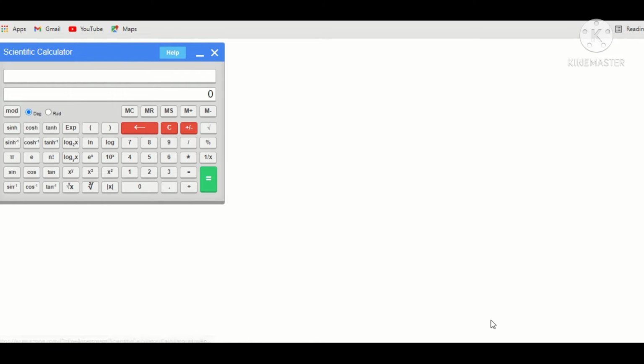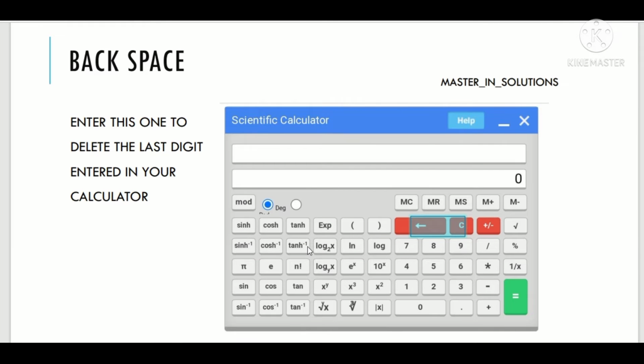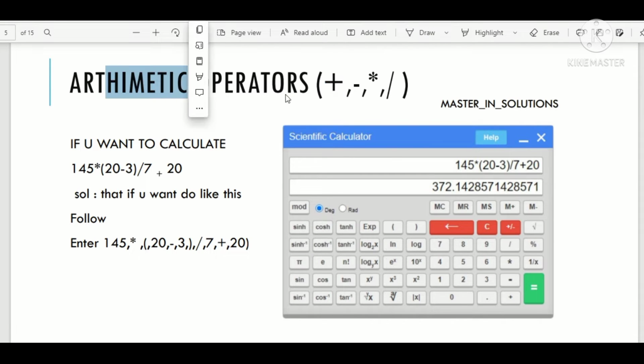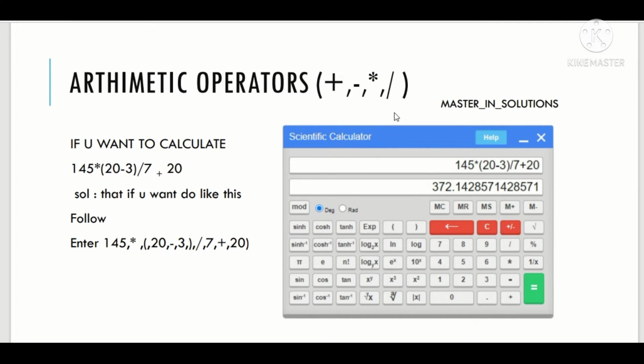Next, let me move on to how to use the arithmetic operators, which we are going to discuss now. We have to use arithmetic operations several times in an examination, and many people don't know how to enter these. If we enter some of the numbers incorrectly, we get a different value.